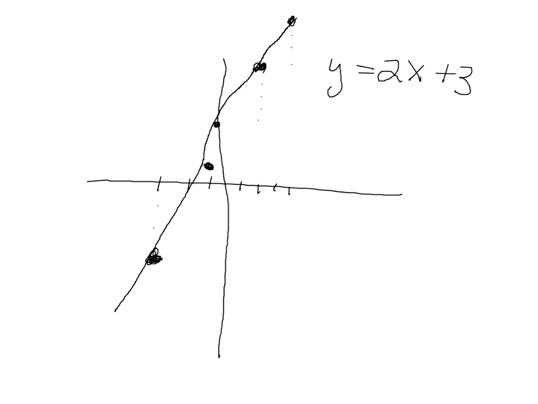Now, we have several parts of the graph that I want to talk about. This point where the graph crosses the x-axis, so remember this is the x-axis, and where the graph crosses that is called the x-intercept.